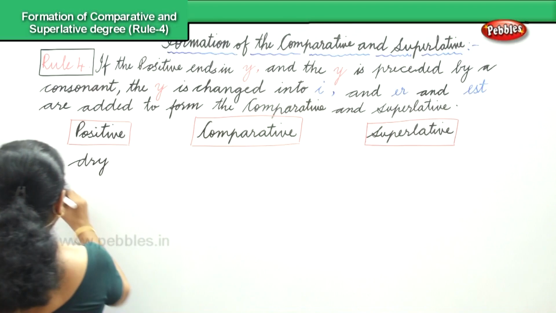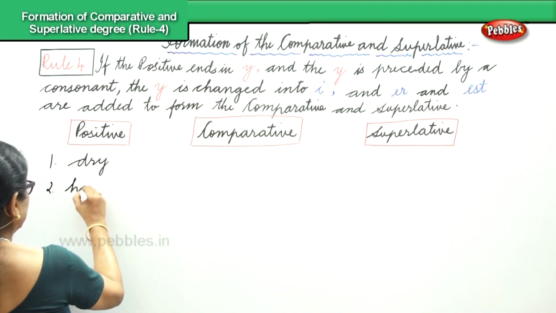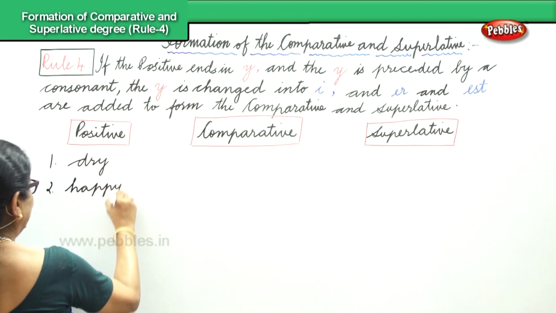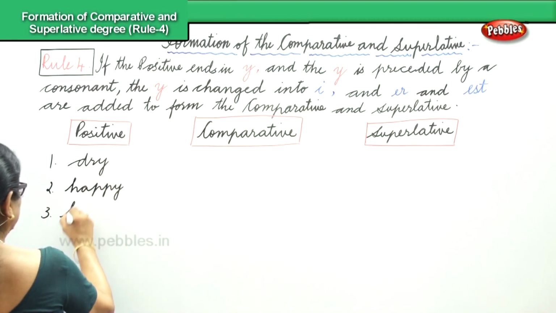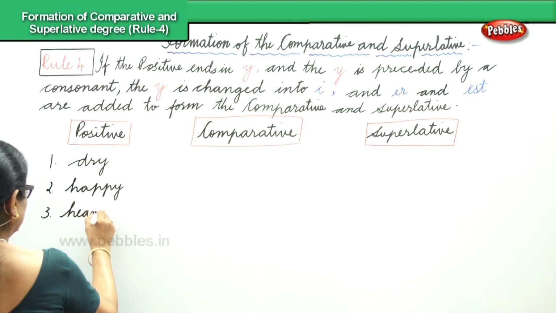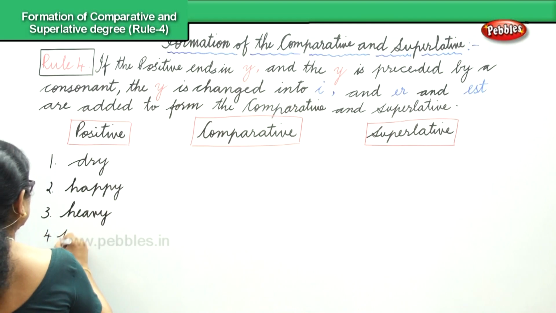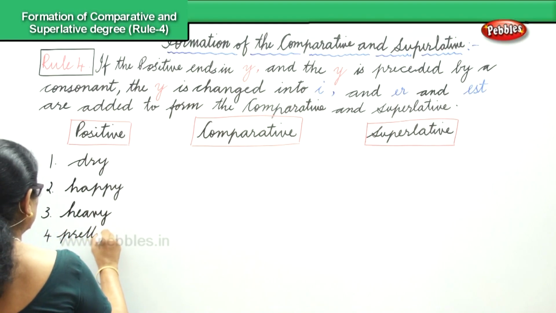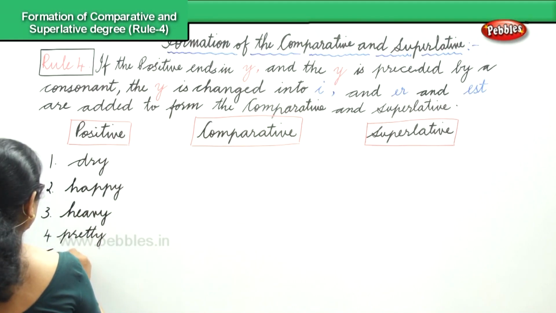Okay, so first one is dry, happy, heavy, pretty, and merry.